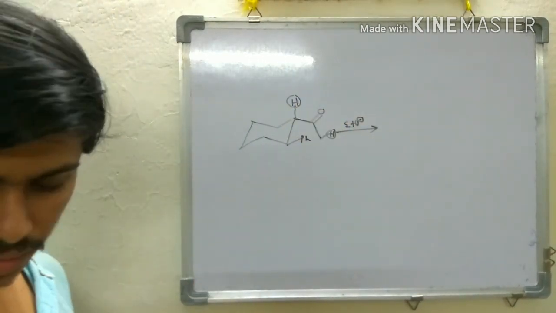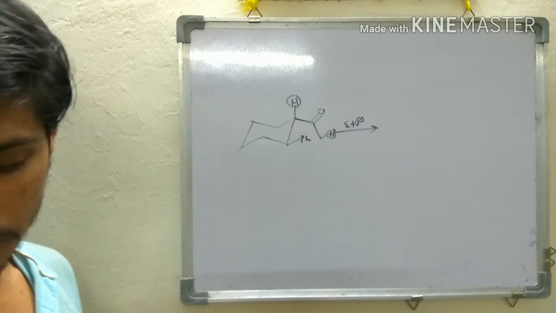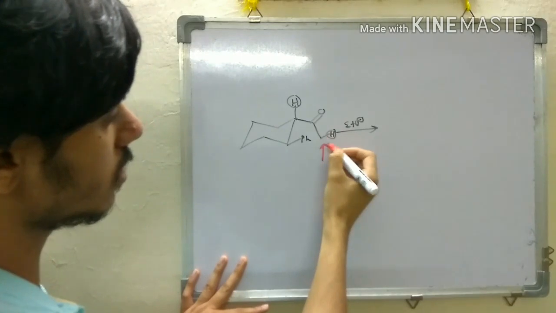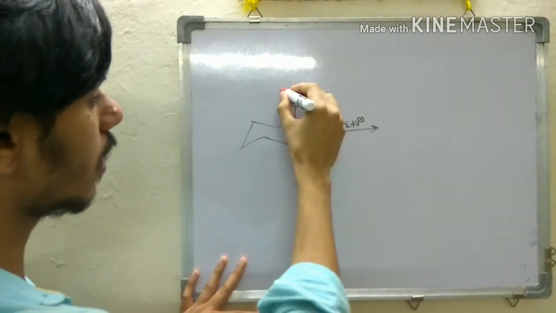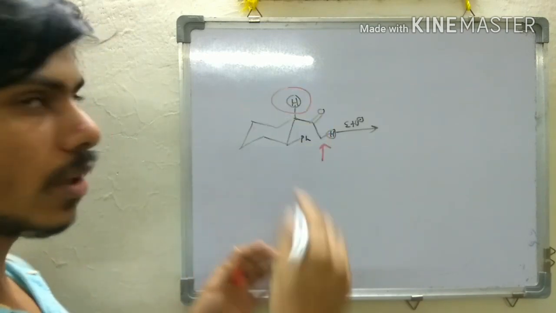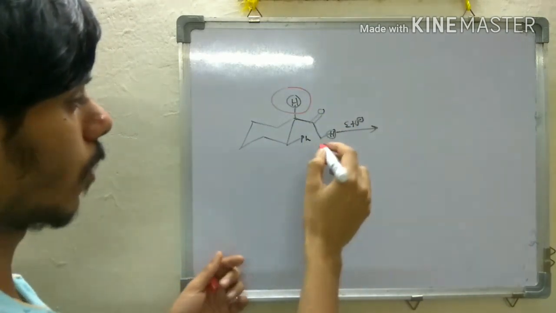Now this proton is obviously more accessible because it is sterically free, but this proton is also accessible. There is a difference but not that much that only this will form.